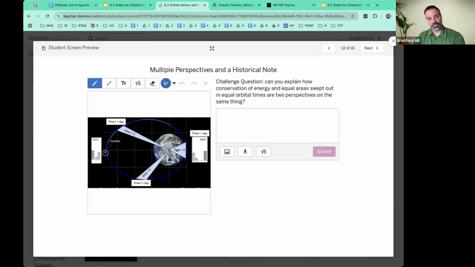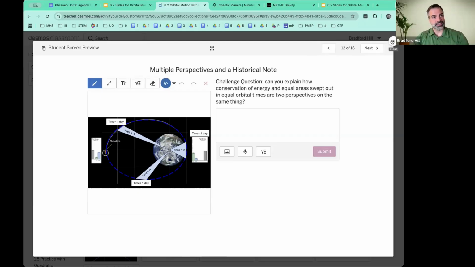When you're really close to the Earth, if you're going to have the same area, you need a really big base because the height of your triangle is very low. So that makes sense that you have to be going fast to get that big base. And then as you're far away from the Earth, in terms of sweeping out the equal area, because your height is so high, your base can't be that big in order to sweep out equal areas. But in any case, just wanted to show you that that is there.